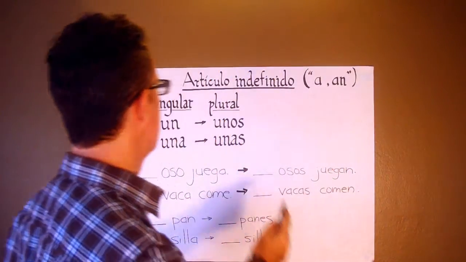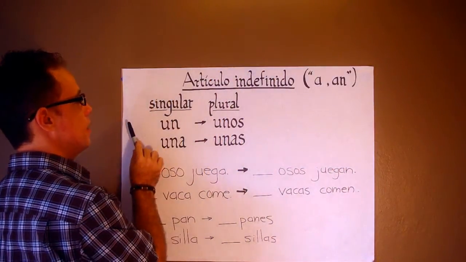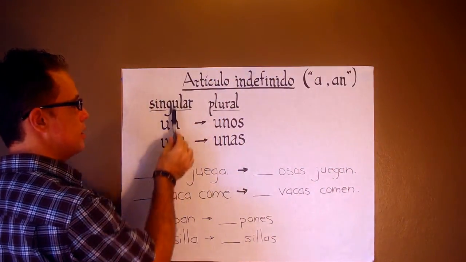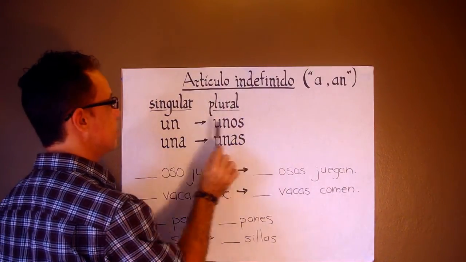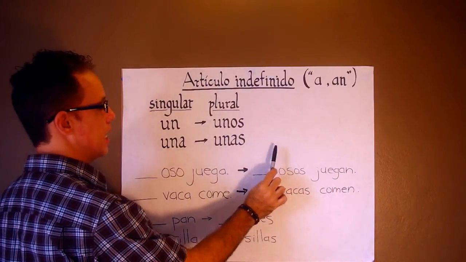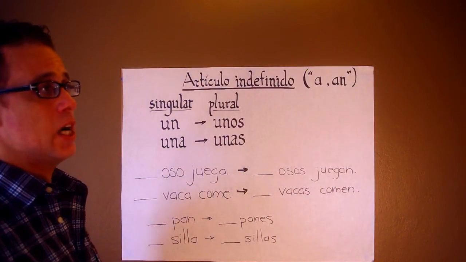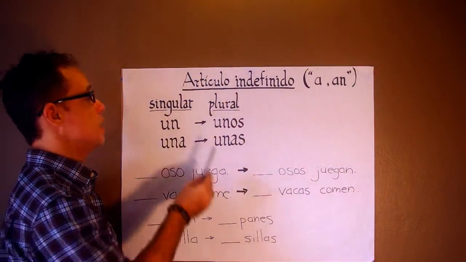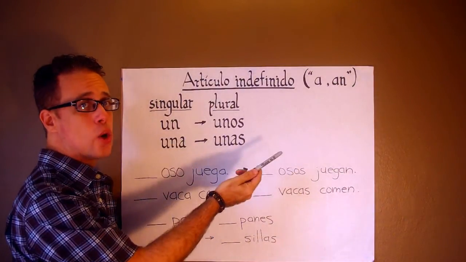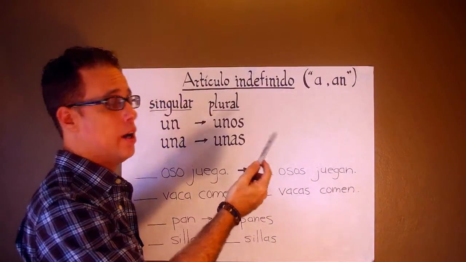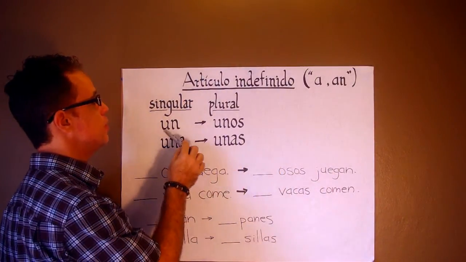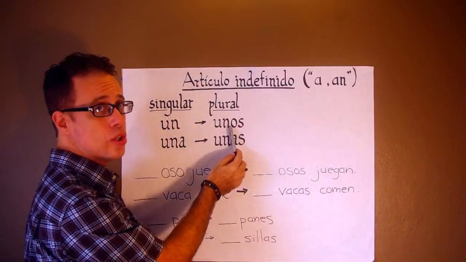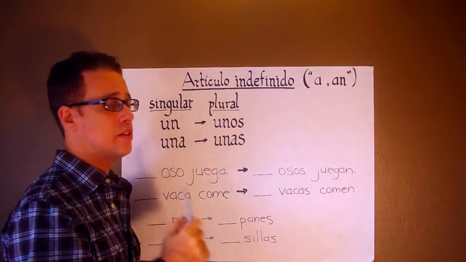So let's see. These are again the singular side, the plural side, the masculine line and the feminine line. If we say car, we will say un carro. Carro means car. Un carro, a car. If we change it to the plural, unos carros, some cars.